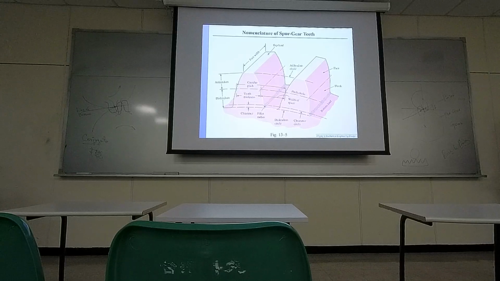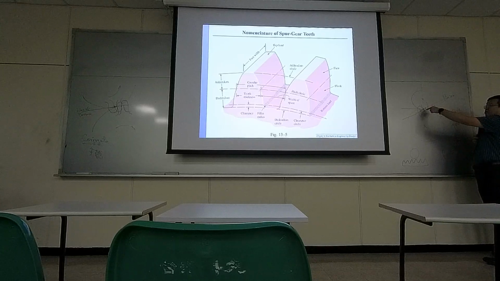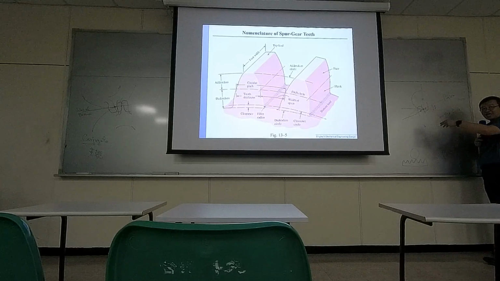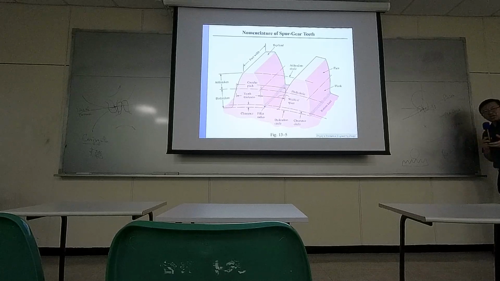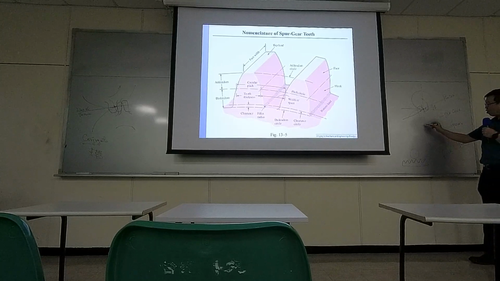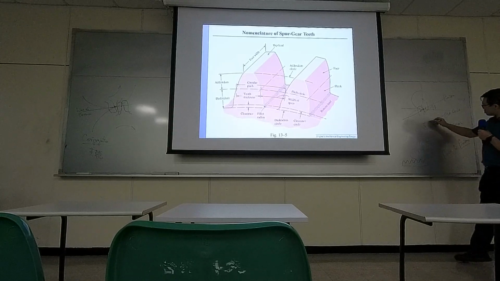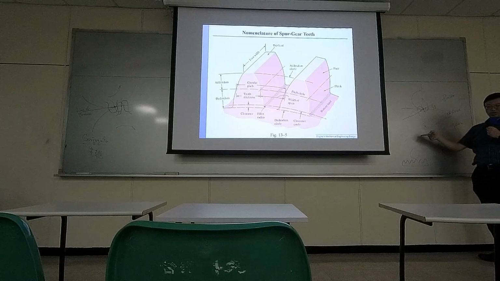Okay, and why is it important to this course? We need to know how the forces are being transmitted from one side to the other side, and when we are making a mechanical design, we need to know how much load is being applied to some components. So let's say this gear is installed, for example, on a shaft. Let's say this is a shaft system.